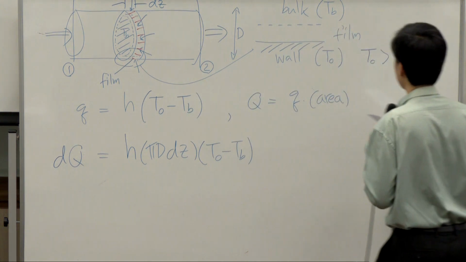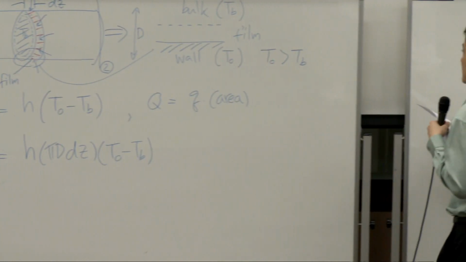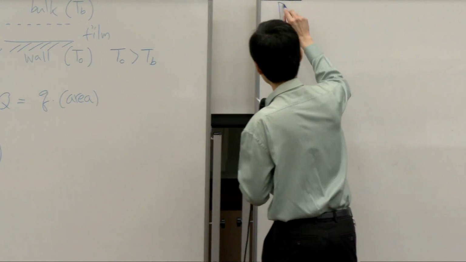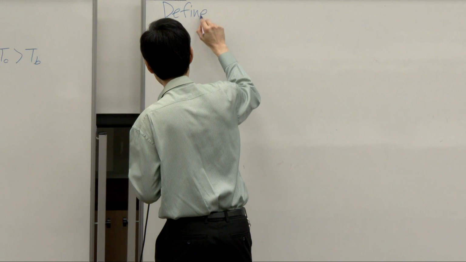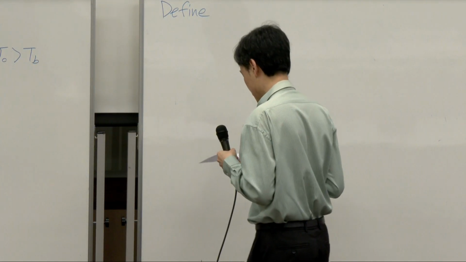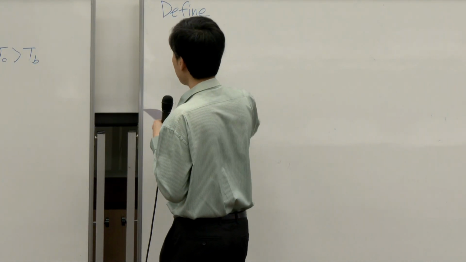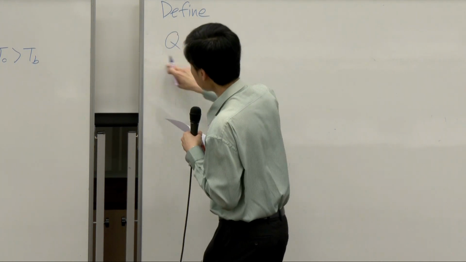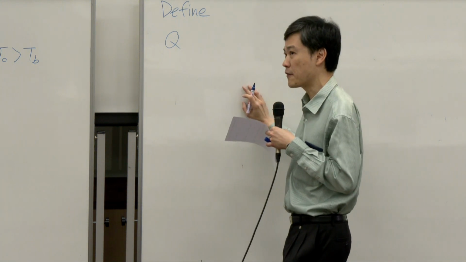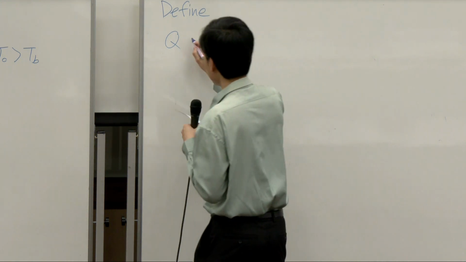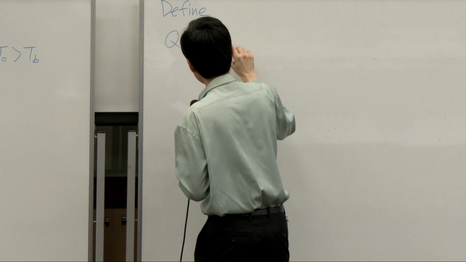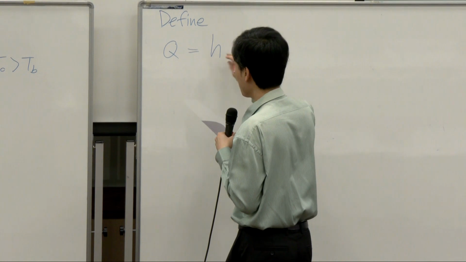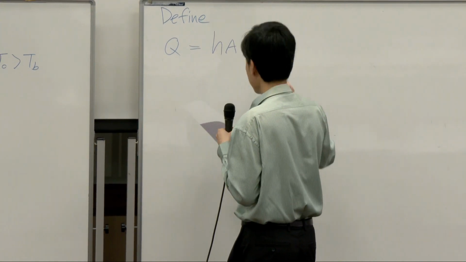So people have defined a way to do that easily. One simple definition, which might be confusing, is that the whole amount of heat transferred for the whole pipe can be calculated using Newton law of cooling, in the equation H A delta T.